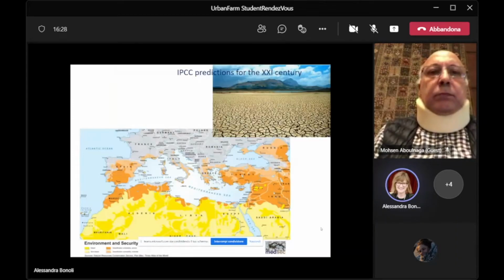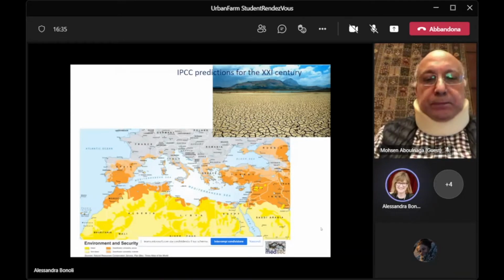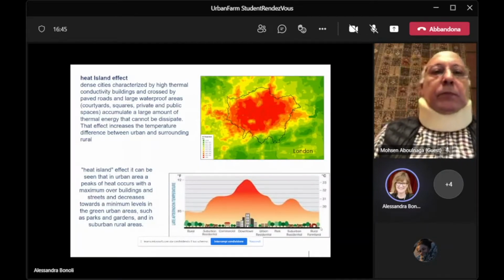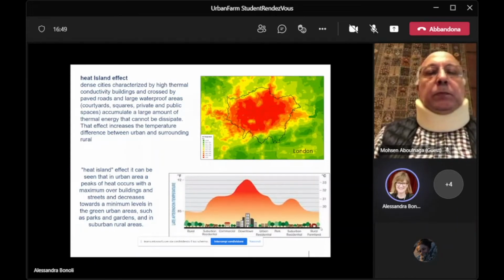Also because of desertification, once again related to climate change, that is affecting several areas in the world and also the south of Europe. And talking about desertification, there is another strict relationship between desertification, global warming and heat island effect.